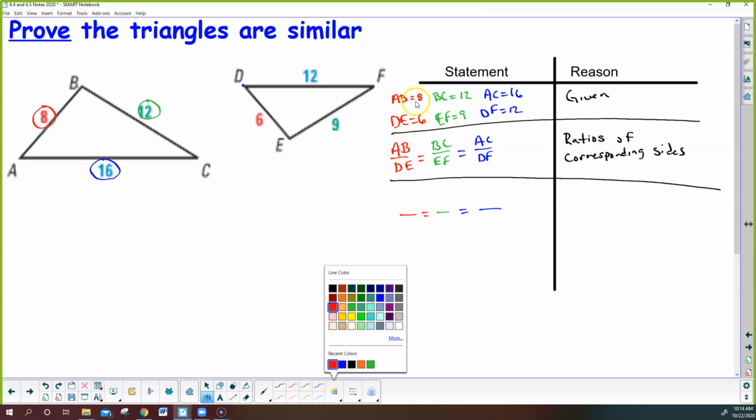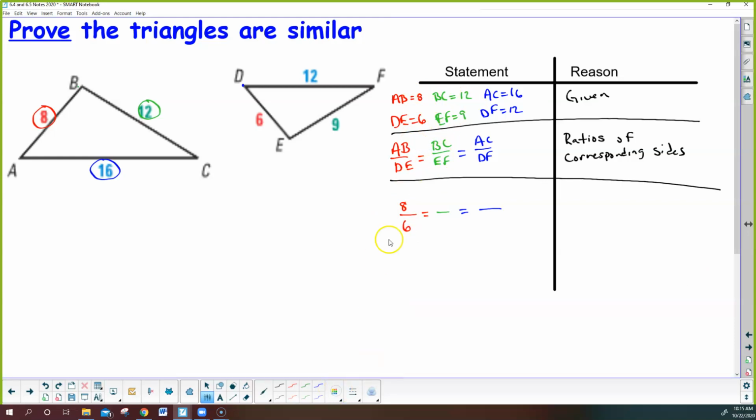So here's the benefit. AB is 8. DE is 6. See how I already compared small side to small side? And it's basically set up in my given information. That's why I wanted to write it specifically. So BC is 12 over EF is 9. And then AC is 16.